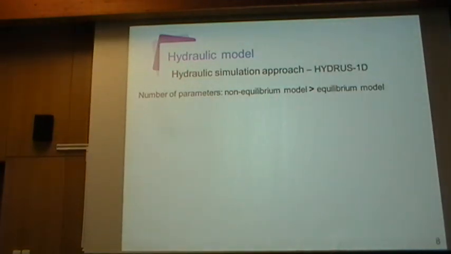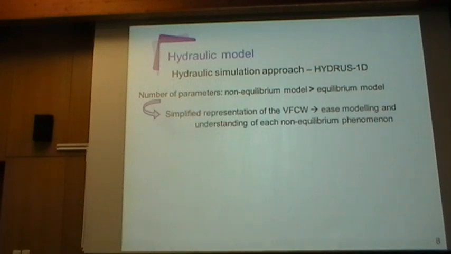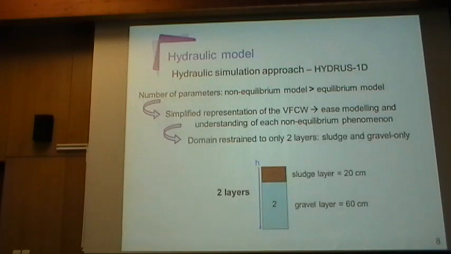As the number of parameters in a non-equilibrium model is higher than in an equilibrium model, we decided to use a simplified representation of the vertical flow constructed wetland. It allows to model and understand better each non-equilibrium phenomenon. So the domain was restrained to only two layers, the sludge layer and the gravel-only layer.